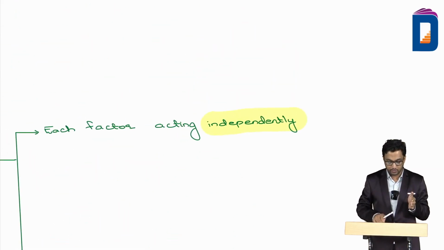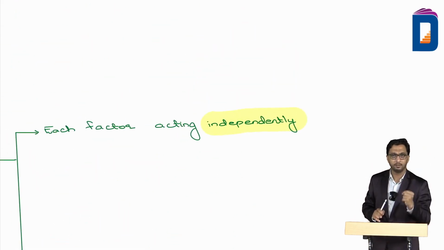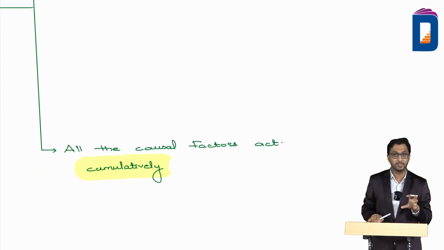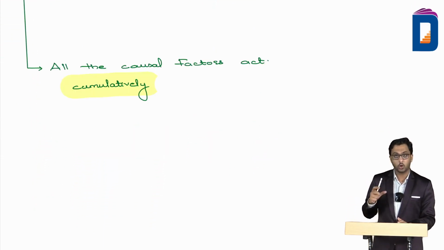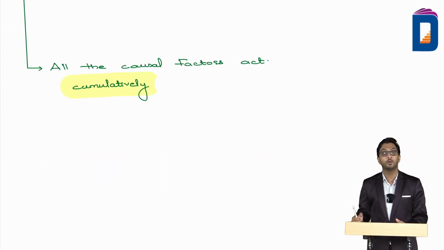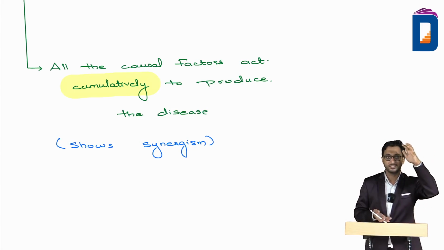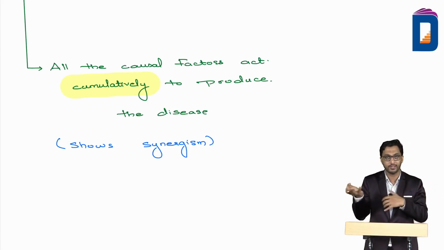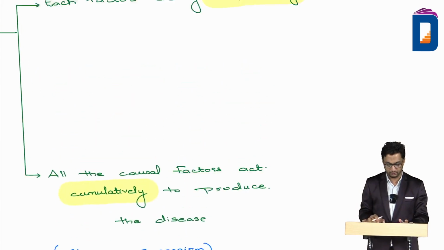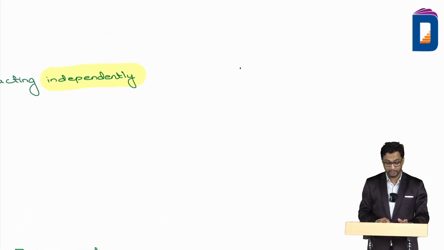In the first case, each can independently cause a disease. I'll give examples. In the second case, all act cumulatively to cause a disease, and here what we see is synergism. Multiple factors acting together to cause a disease is synergism. Now, to come to examples, you'll understand it better.